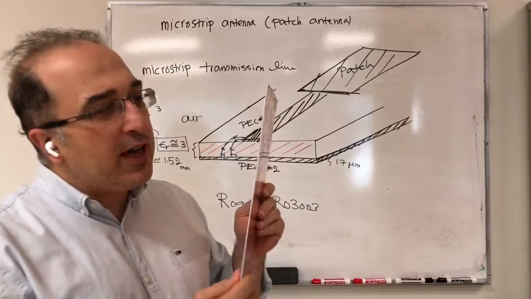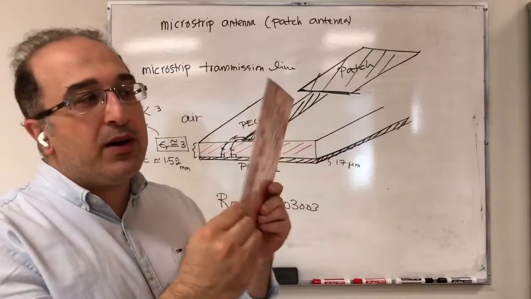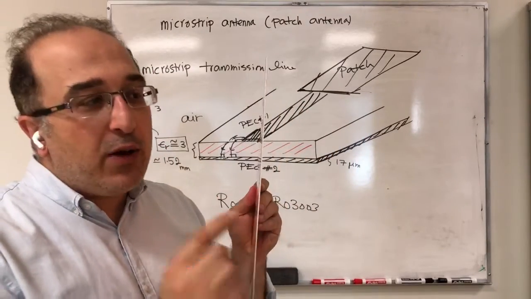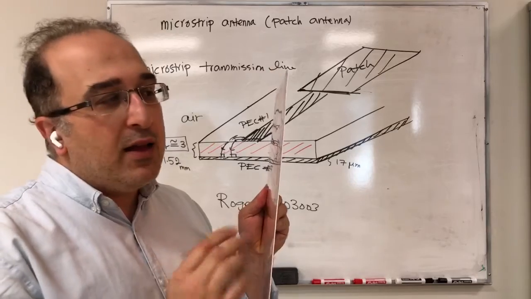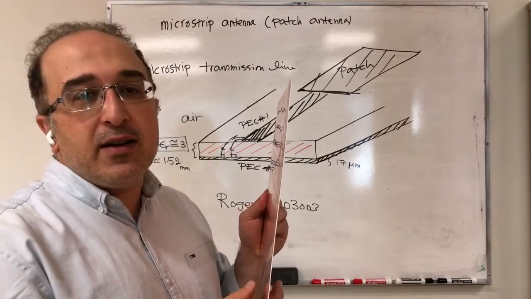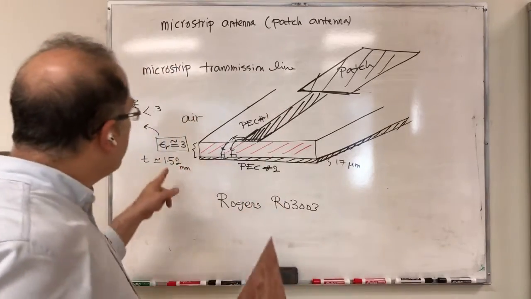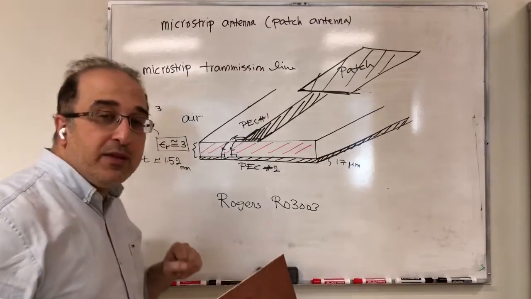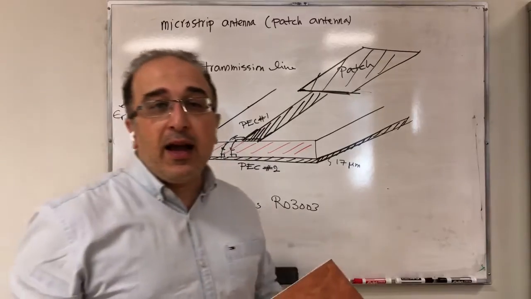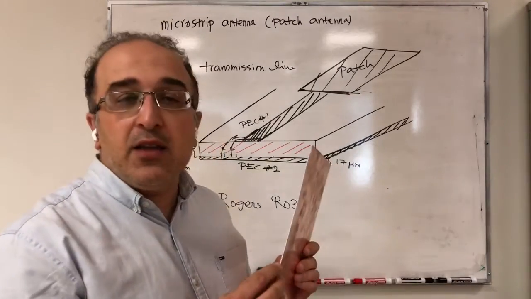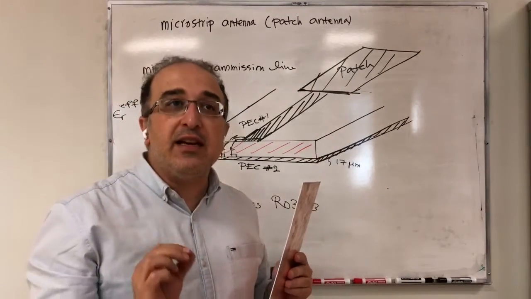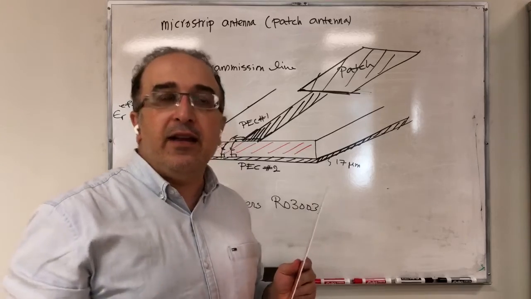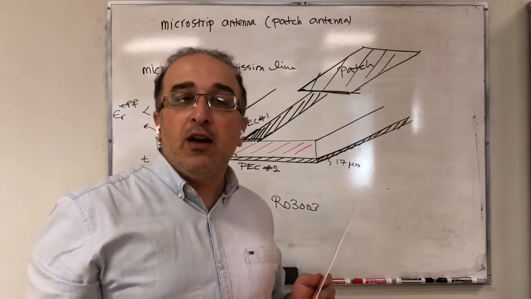And between the two copper layers, that's where you have your dielectric material. Your dielectric material is about 1.52 millimeter thick, and the permittivity is about 3. Sometimes these dielectrics are a little bit lossy. They're not perfect dielectrics, and that's usually represented by the loss tangent.